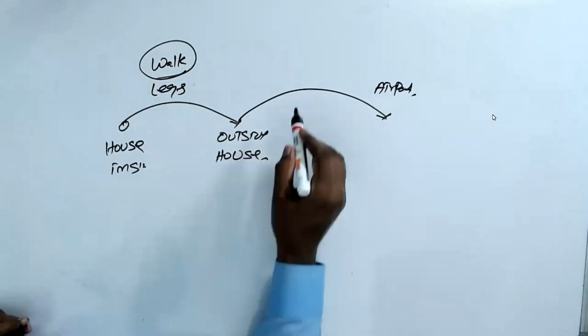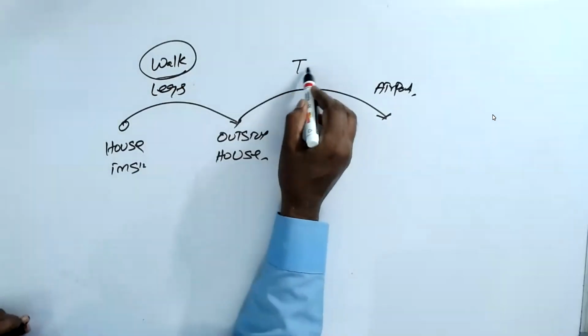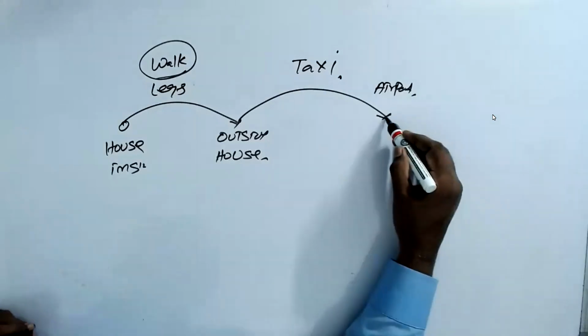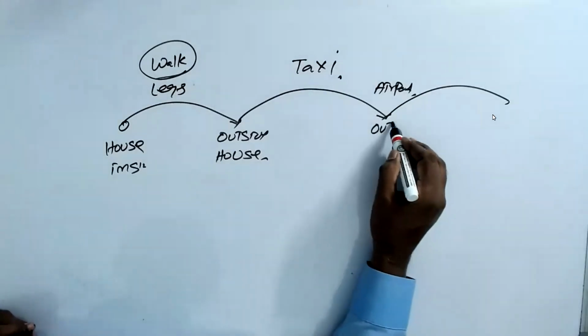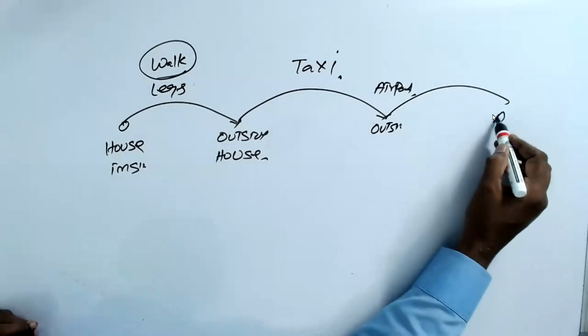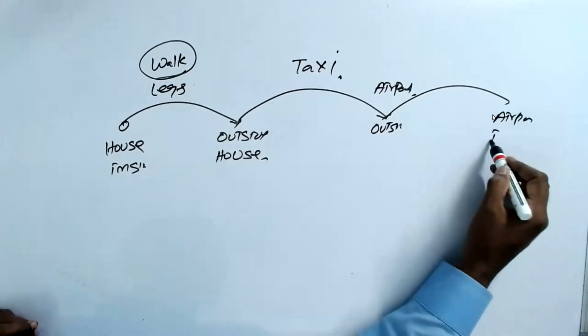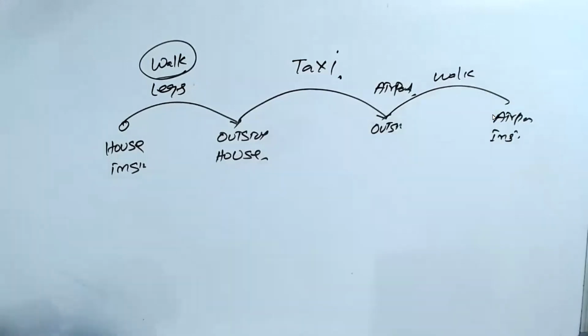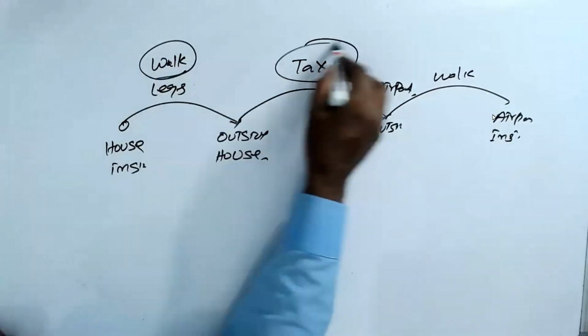you go by taxi. That's a vehicle. The taxi is a vehicle. Then from outside the airport to inside the airport, you walk. You understand now? You walk, you go by taxi, then you walk.